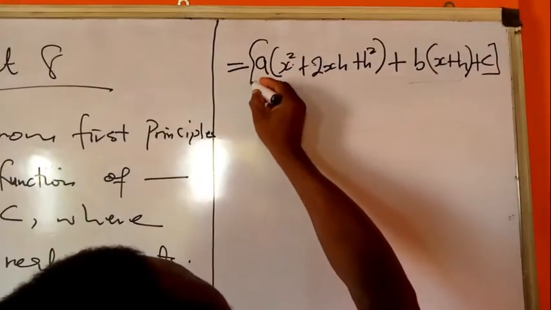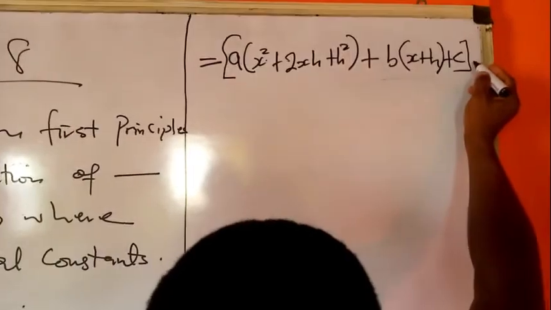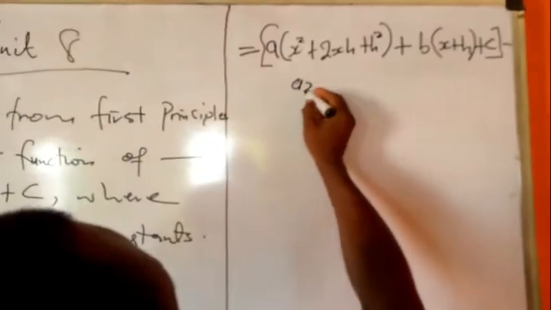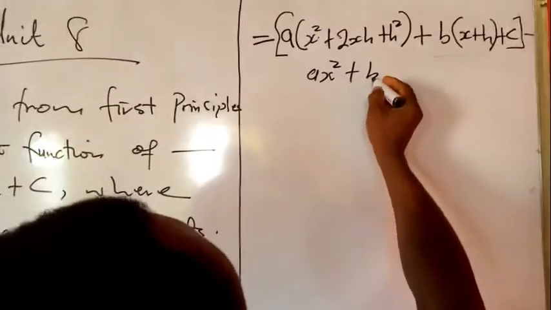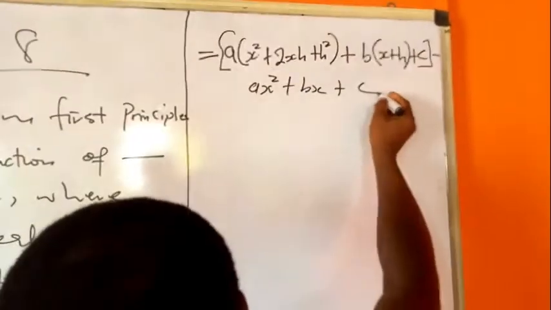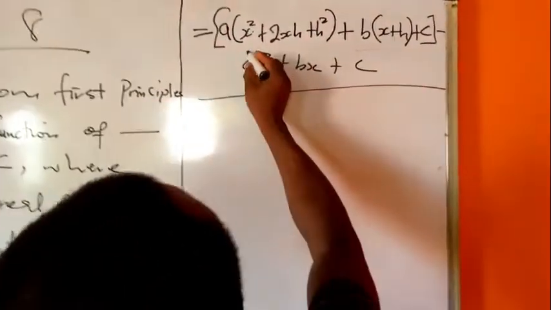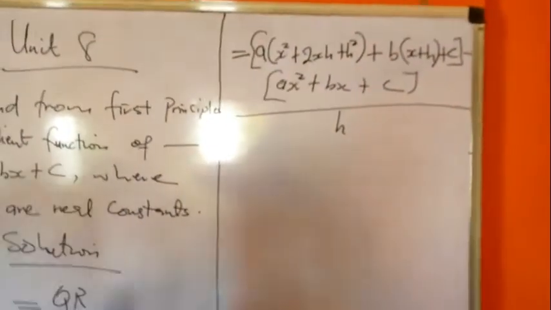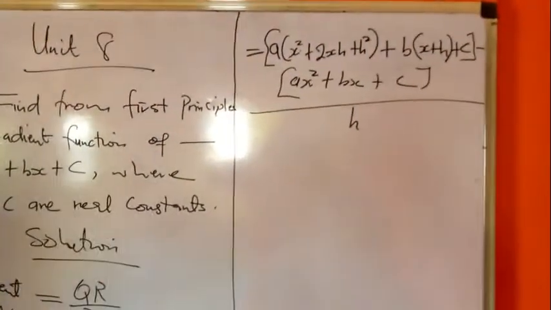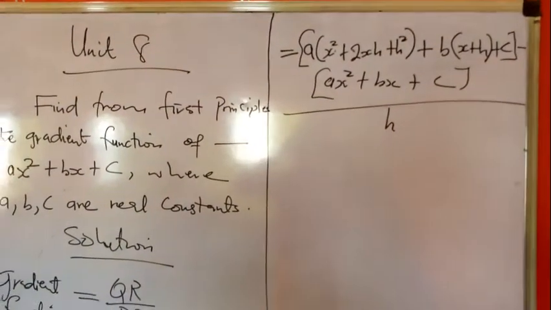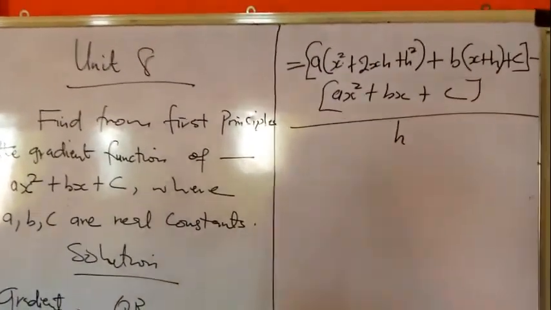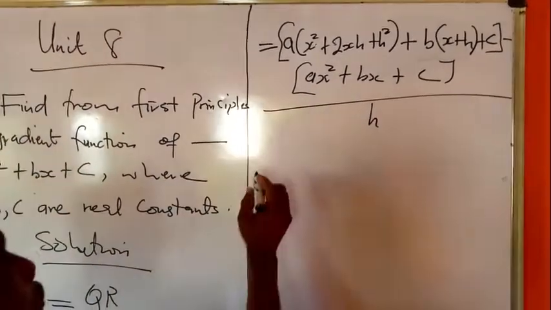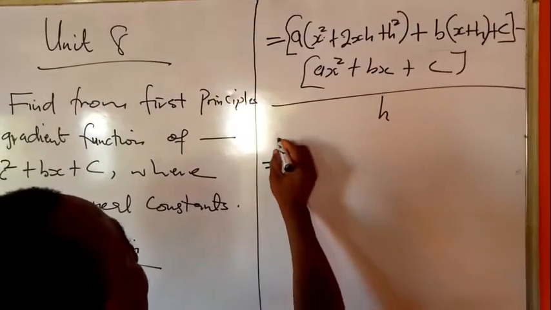So minus, this is your minus sign, a x squared plus bx plus c all over h. So we'll try to do this expansion. Now you are getting stronger and you are getting used to the principles now. So we just go straight to do the expansion.